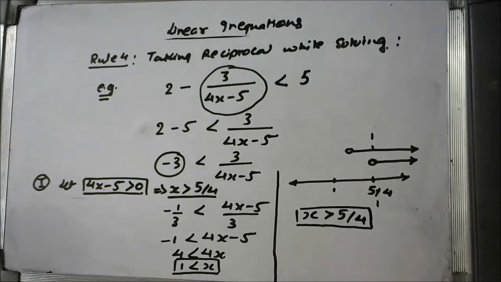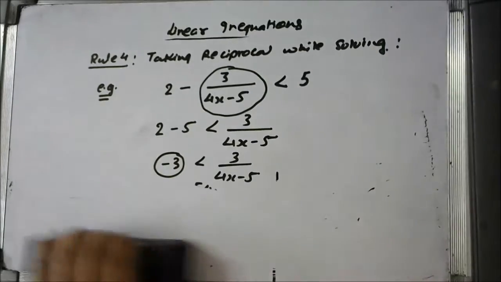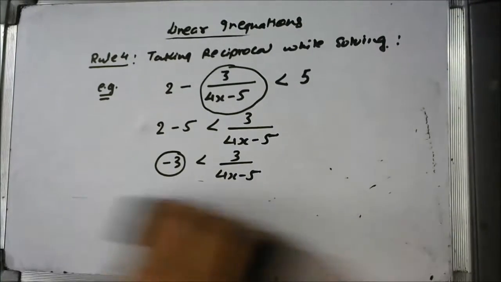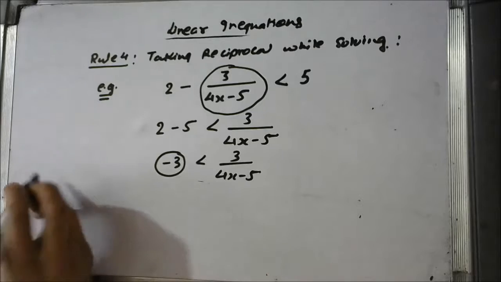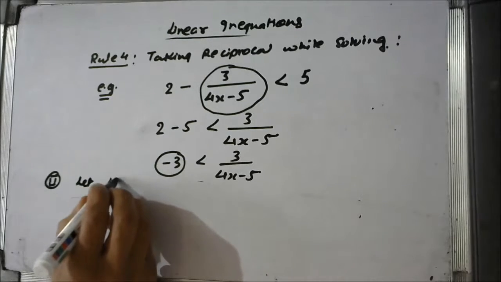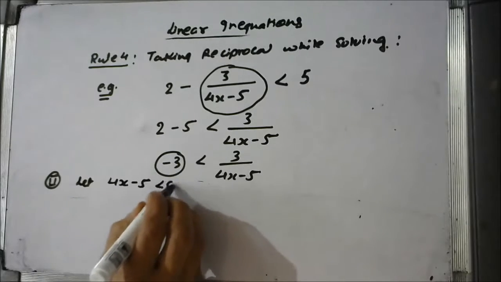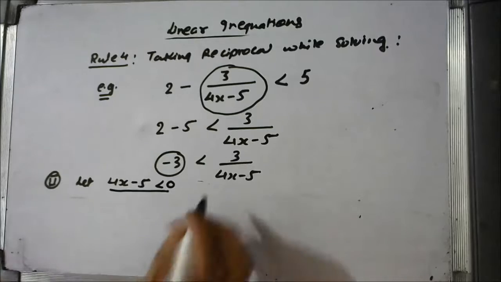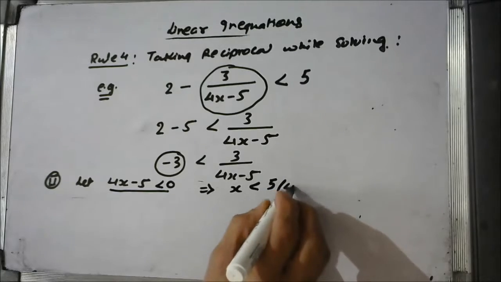Now I will consider second case when I assume that 4x minus 5 is less than 0. In the second case, I assume 4x minus 5 to be less than 0, which implies x is less than 5 by 4.